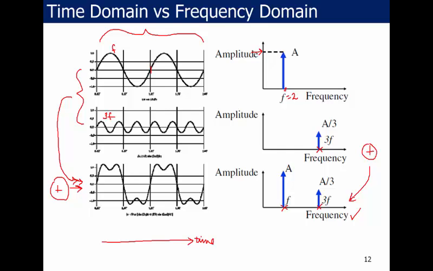For some others, this doesn't tell us the shape, right? By looking at this frequency domain analysis, we cannot tell how it looks. Is it really a digital signal or some analog signal?